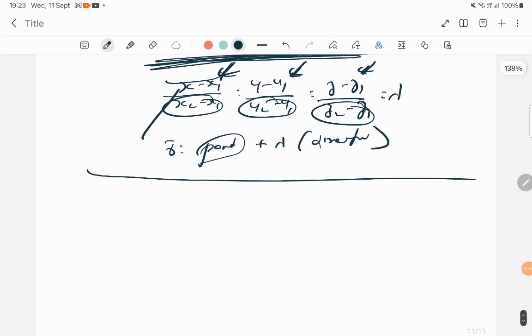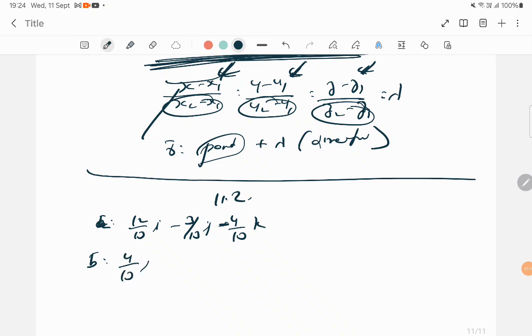So let's look at the sums. I am doing exercise 11.2. Show that the lines are perpendicular. Let's call them the A, B and C vectors. A vector is 12 by 13 i minus 3 by 13 j minus 4 by 13 k. The B vector is 4 by 13 i plus 12 by 13 j plus 3 by 13 k.